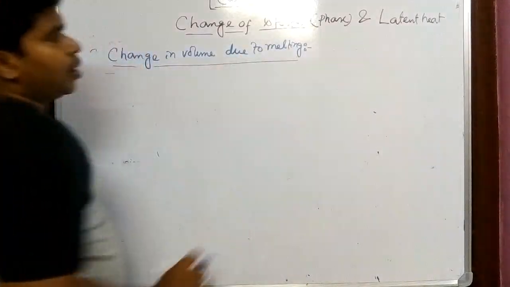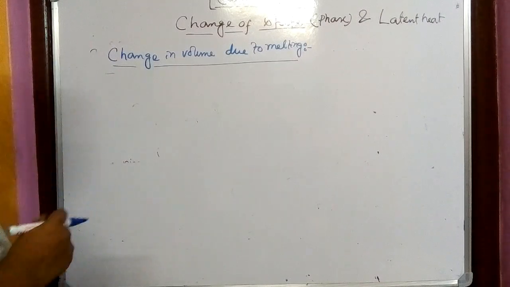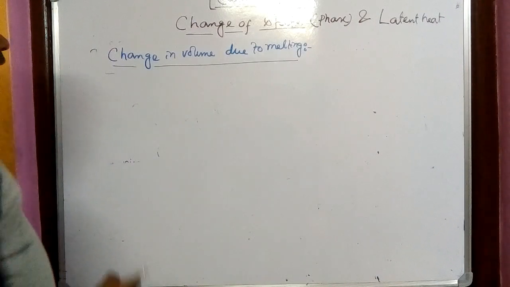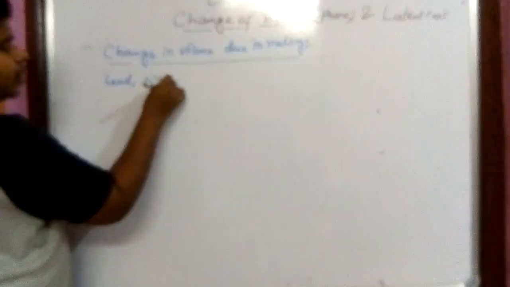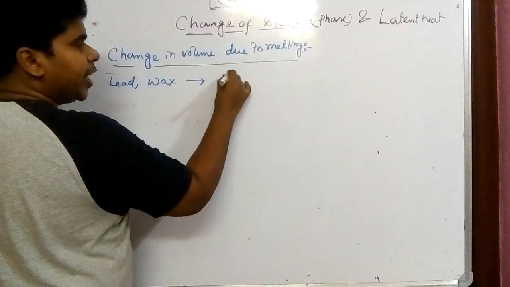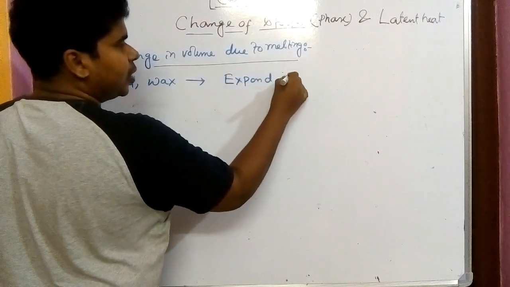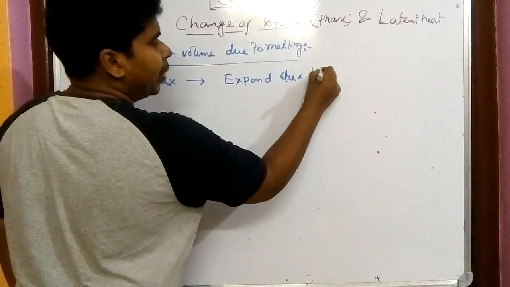When we discuss volume, we have to see that there are two kinds of substances. One kind of substances, like lead and wax, expand due to melting.